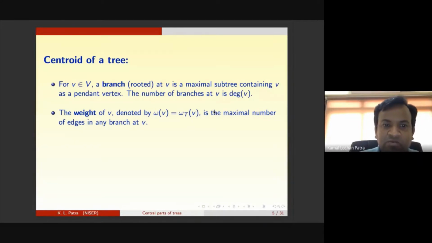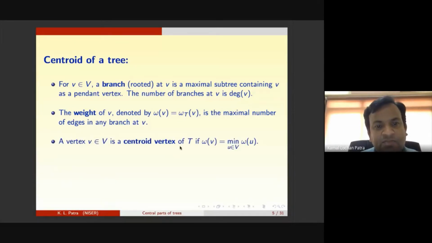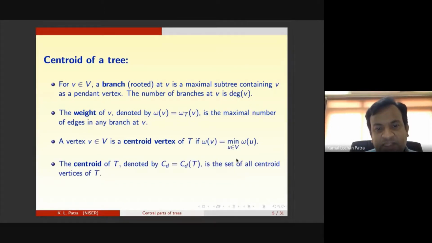Now for every vertex we are defining something called the weight of v. A vertex v is called a centroid vertex of T if the weight of v is equal to the minimum of the weight of u, u belonging to V. So basically a centroid vertex is a vertex with minimum weight. Then the centroid of T is defined as the set of all centroid vertices.